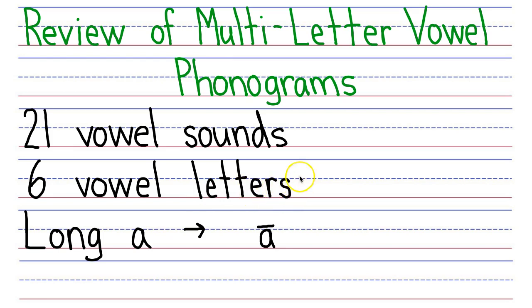To help jog your memory of the 21 vowel sounds, I will read them out to you and make a mark on the paper for each sound that I say. Here we go.